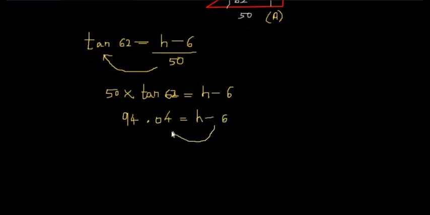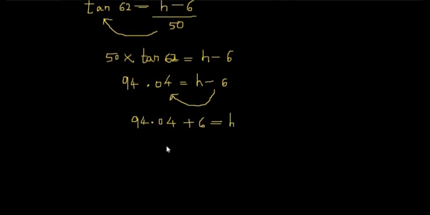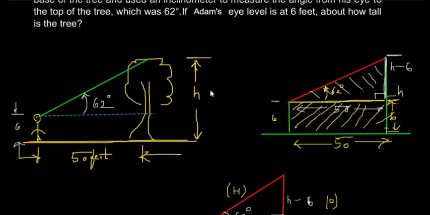Now we can take the minus 6 on this side, and so it becomes 94.04 plus 6 equal to h. Hence h is going to be equal to, the sum of these two is 100.04 feet. So this is the total height of the tree, that is 100.04.